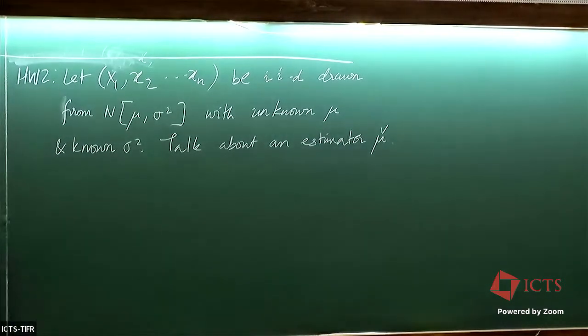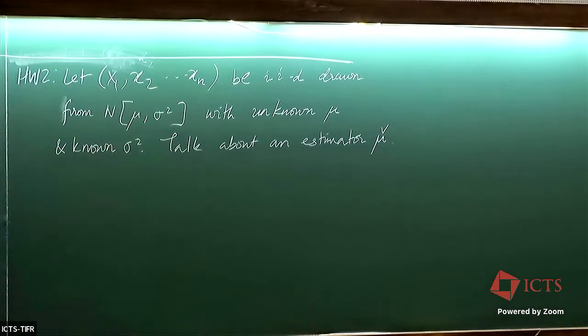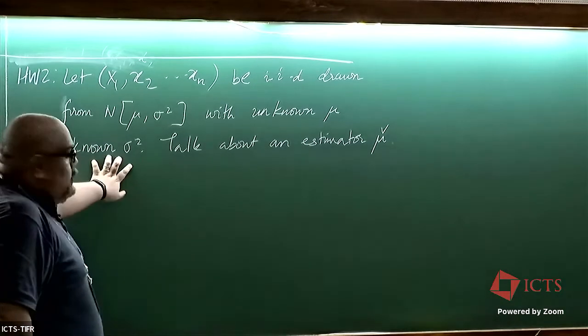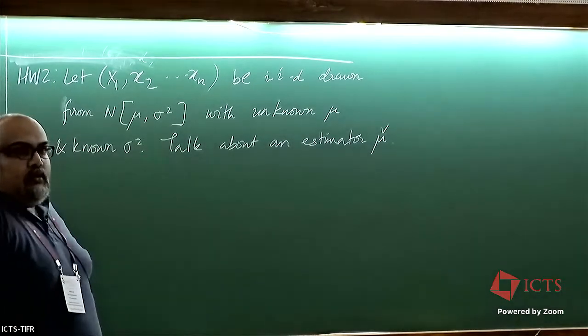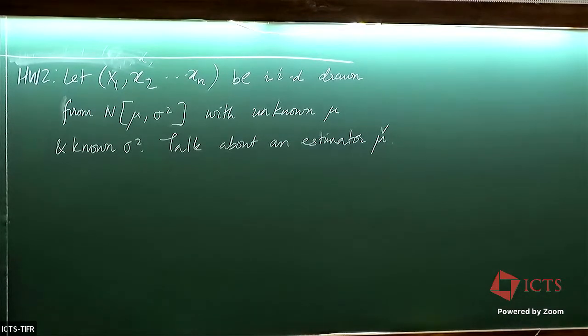Let me say that I have a Gaussian distribution. That's what this thing says, N, normal distribution, mean mu, and standard deviation sigma square, variance sigma square. And now what I say to you is that I know the variance, but I don't know the mean. And now I want you to go look up what an estimator for this would look like. Let me venture a hint that if you, yeah, go ahead.